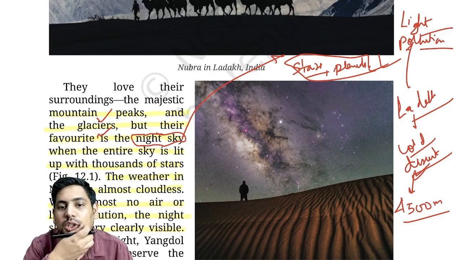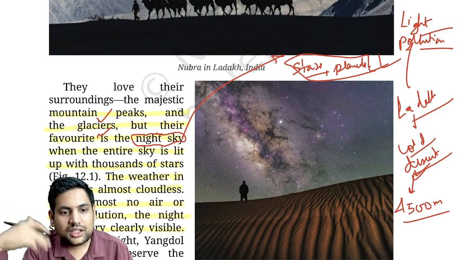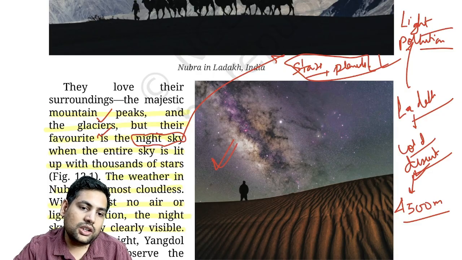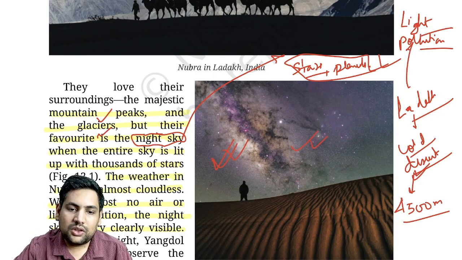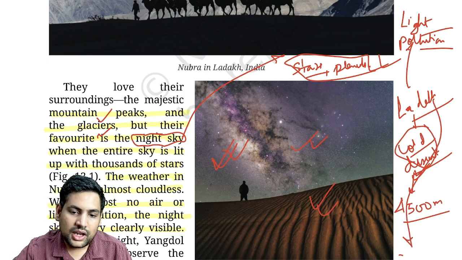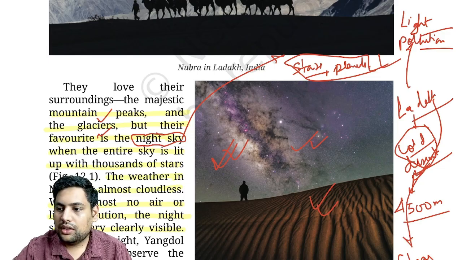That's why you're not able to see the stars or any celestial objects like this. But see how beautiful it looks in Ladakh. Because it is a cold desert, what advantage you get is that you get extremely clear skies.